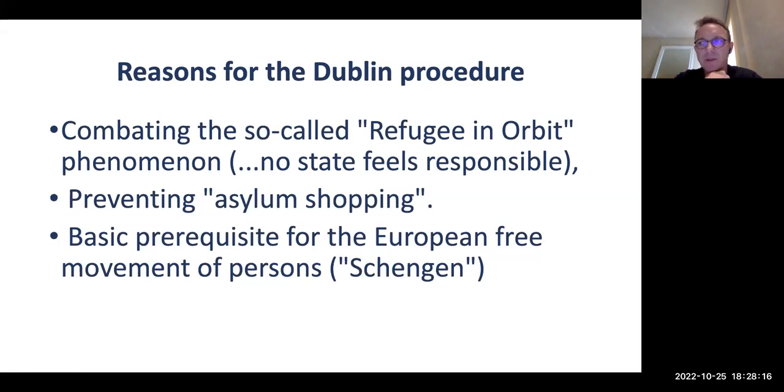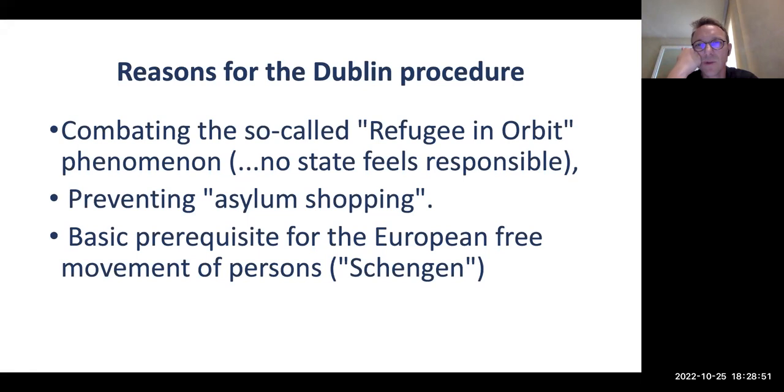That means a person who asks for asylum in one country, but this country is not really prepared or not responding, not enacting the asylum procedure, would leave the person in a situation where nobody is really taking care of them. And this happened effectively in Europe quite some time ago.